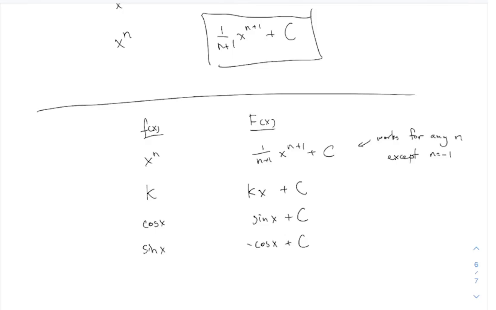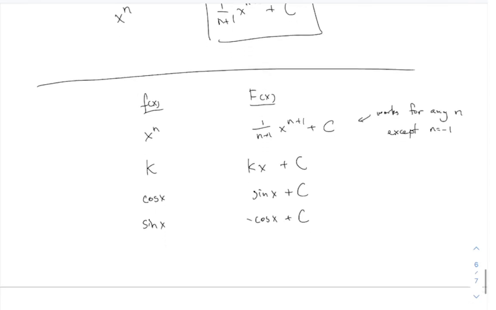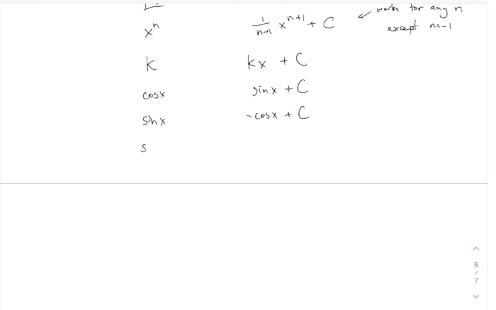And then there are others with the trig functions. You know, we learned about the derivatives of tangent and cotangent and all that, so I don't want to write them all down, but there are others. For example, the derivative of tangent is secant squared. I don't know if you had that memorized, but what that means is the antiderivative of secant squared is tangent, right? Because the derivative of tan is secant squared.